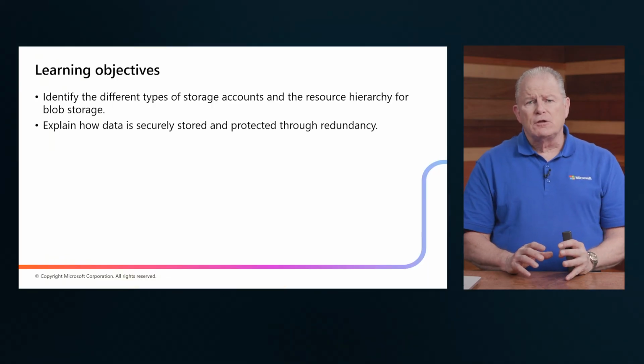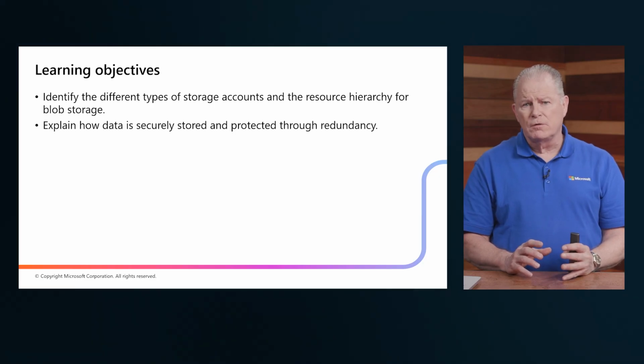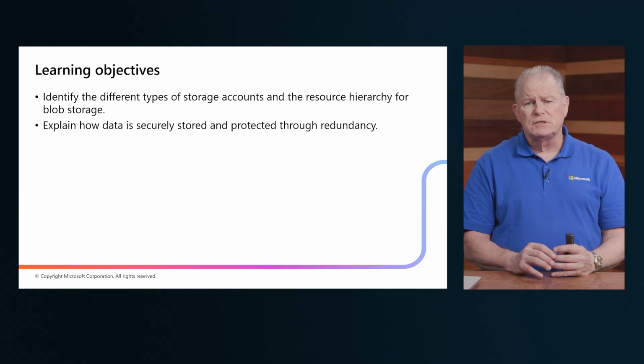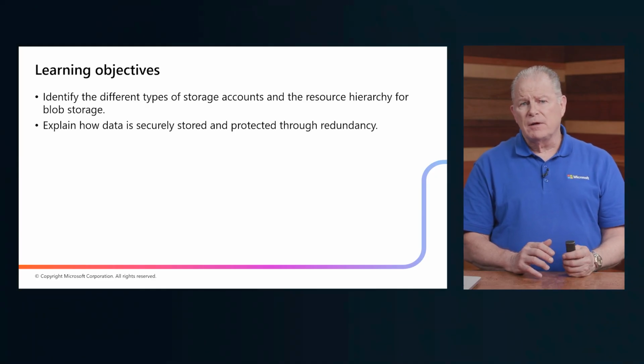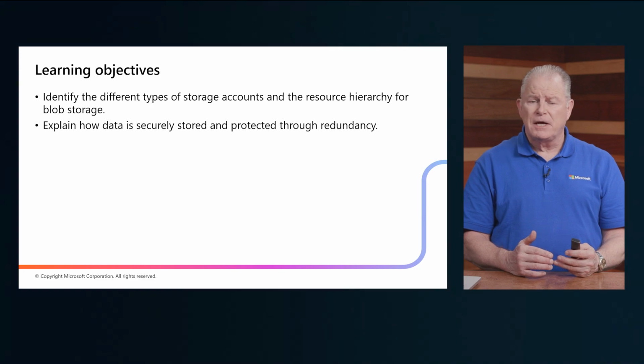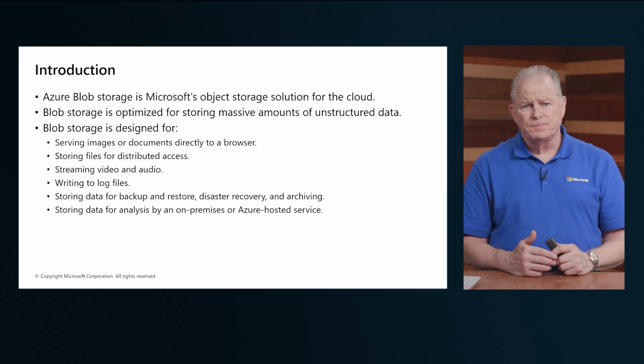In here, we're going to take a look at the different types of storage accounts that you have available for you to be able to build for durable storage. We're going to take a look at the features of blob storage, how to configure it, and the different redundancy levels that are available for you, and finding which one might be best for the different services for your application use.